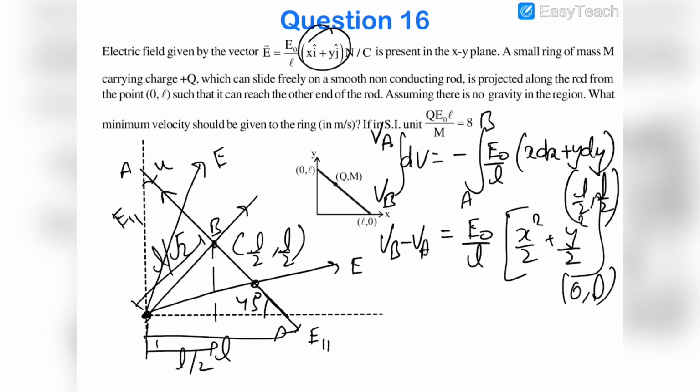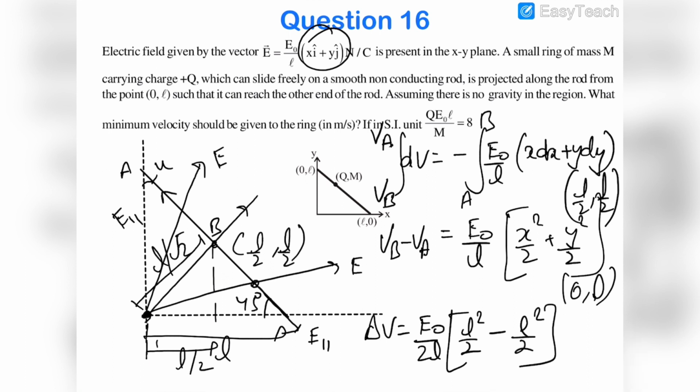Okay, so delta V will be equal to E naught by 2L, and applying the limits, this would be L square by 4 plus L square by 4, which is L square by 2, minus L square by 2, because x is 0, in fact minus L square.